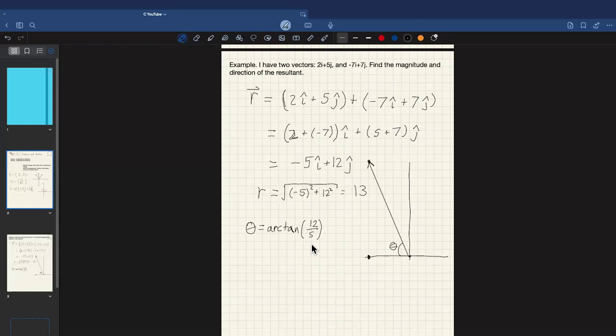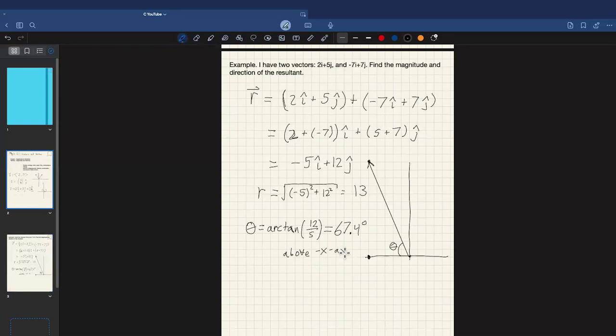That is not correct, is it? Yeah, it is. That makes sense actually. It is about 67 degrees. We'll say 67.4 degrees above the positive x-axis. Sorry, above the negative x-axis.